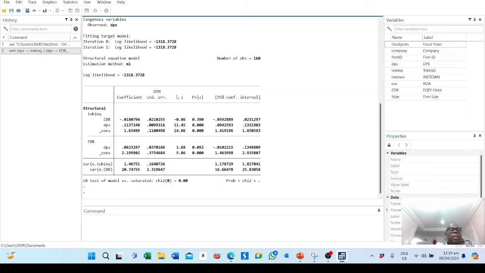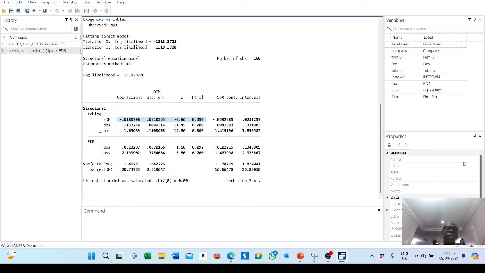And if you move down to the first in the structure, you have TobinsQ as the dependent variable, called the endogenous variable here, being impacted by the EDR, equity debt ratio, and dividend per share. What is the p-value? Equity debt ratio has a negative coefficient and a non-significant p-value, because the p-value is greater than 0.05.